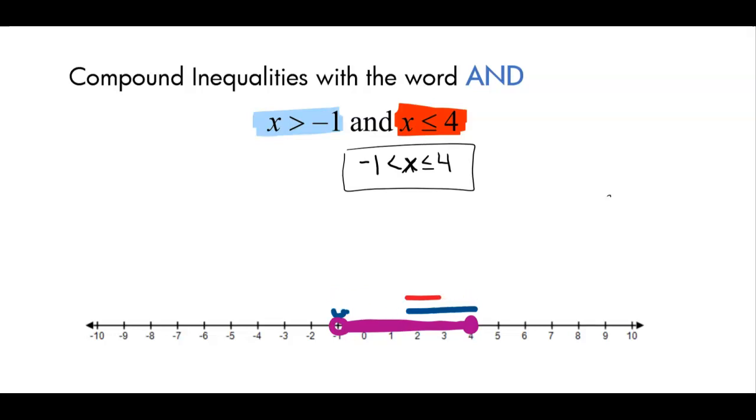We're not so much interested in the blue line. We're just interested in the in-between situation where the red line and the blue line overlapped. And that is in between the -1 and the 4. And we can still look for these symbols to let us know if we need open circles or filled in circles. Let's look at another example like that.